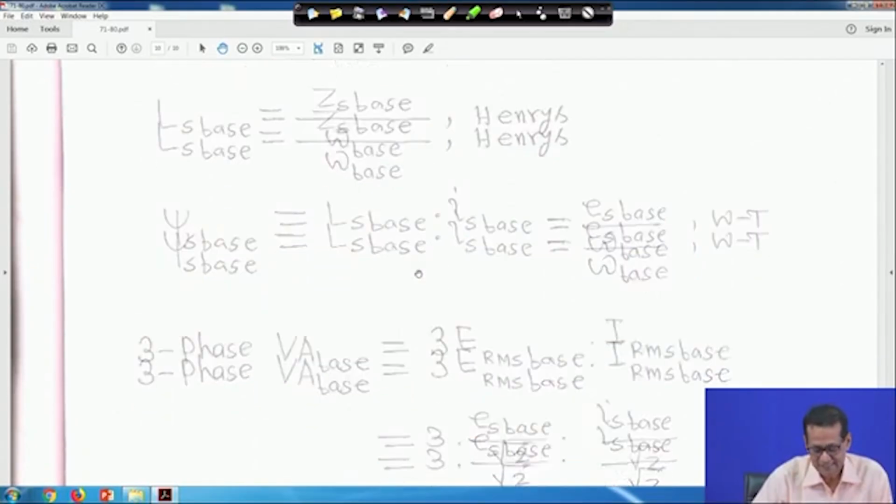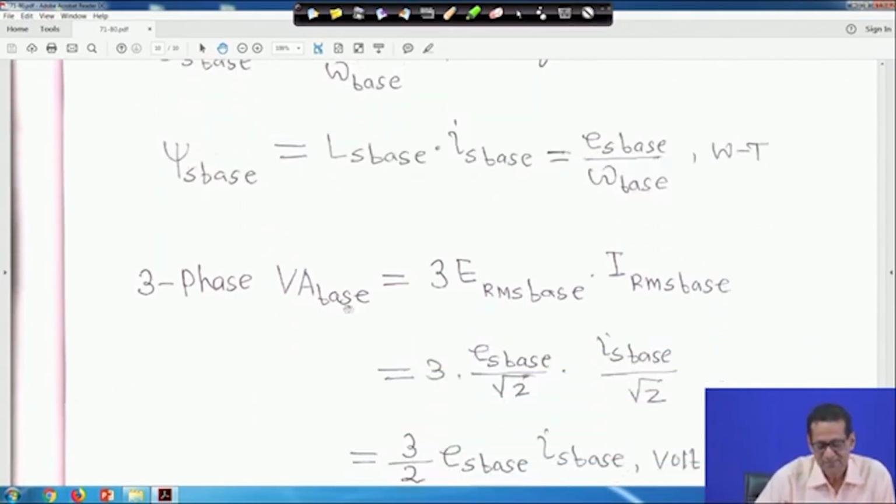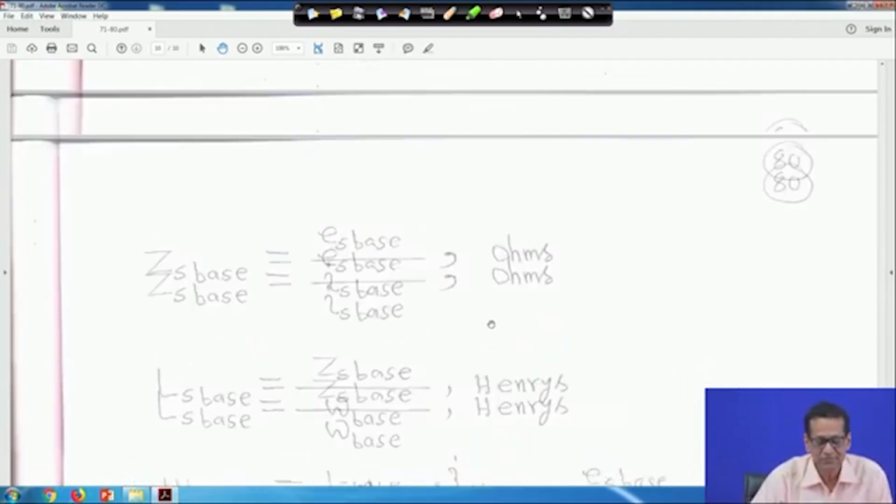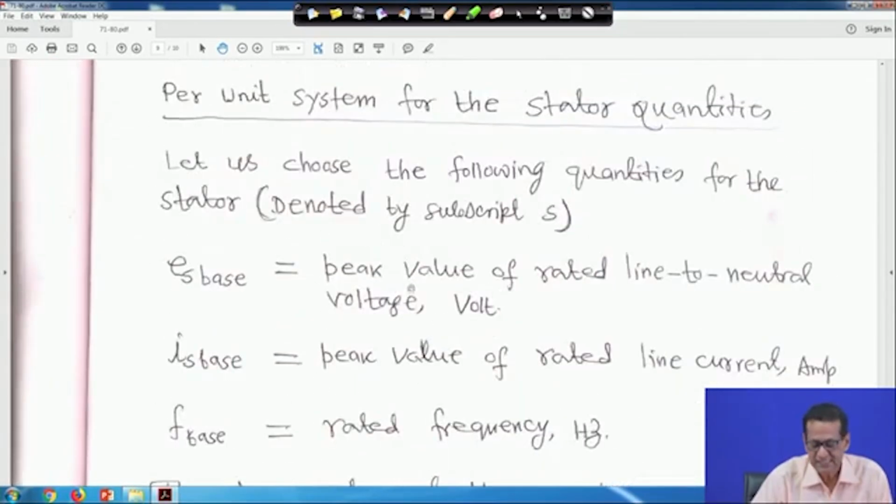Now next is the 3-phase volt-ampere base. This means we take 3 into E RMS base into I RMS base, the RMS value of the voltage and the RMS value of the current. E RMS base is Es base upon root 2, because we have chosen Es base as the peak value of the rated line-to-neutral voltage.